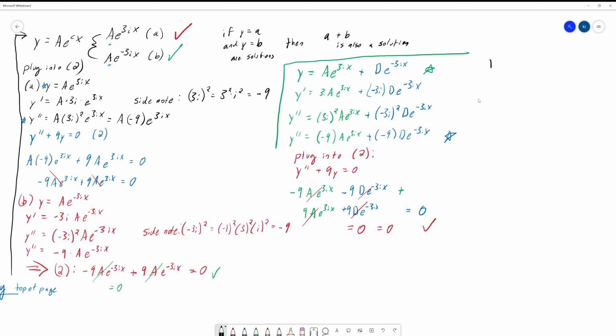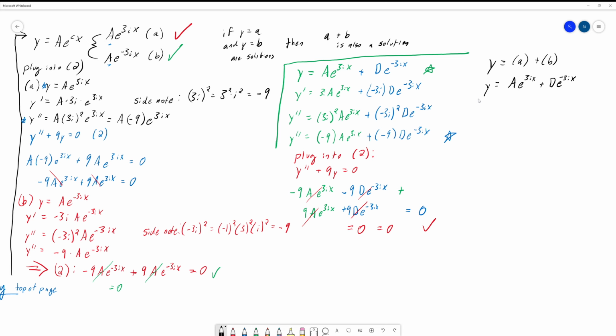that y is going to be a plus b, and explicitly that's going to be y equals a times e to the 3ix plus some other constant times e to the minus 3ix.